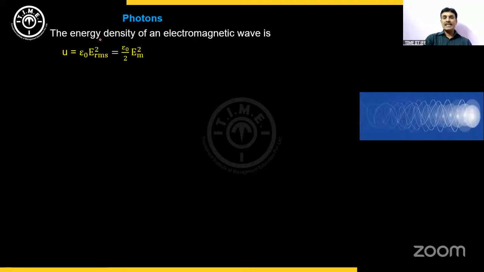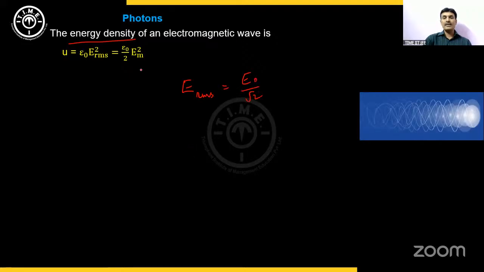Then the energy density of the electromagnetic wave, energy contained per unit volume, is given by U is epsilon naught E RMS square, root mean square value, where E RMS is E naught, the peak value, by root 2.